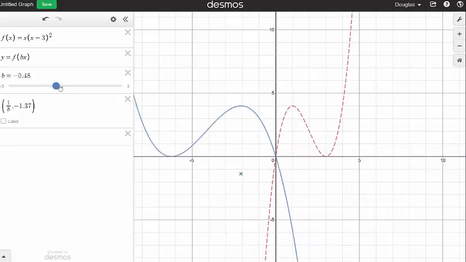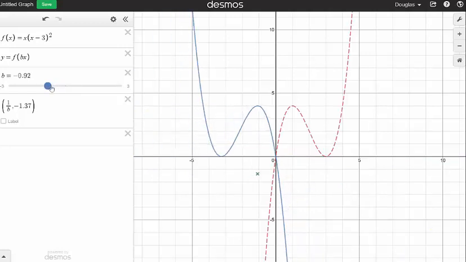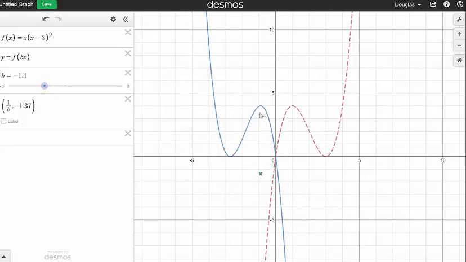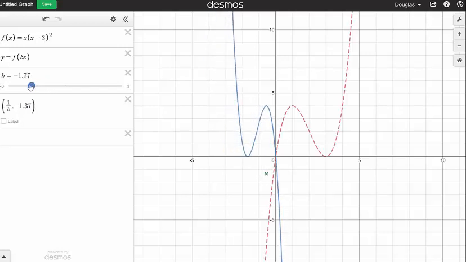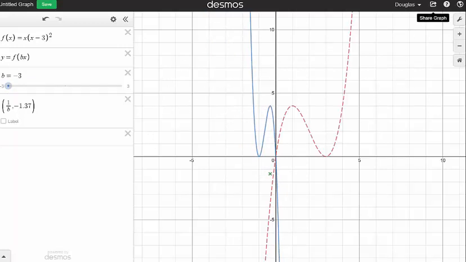But notice that whenever it's negative, let me get it right at -1 here, we've got a reflection going on right here. Cool. And as we go further out, note it's getting scrunched and scrunched, but it's being scrunched over here on this side.